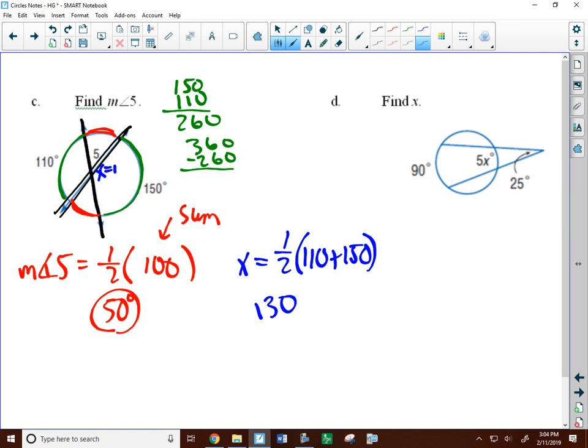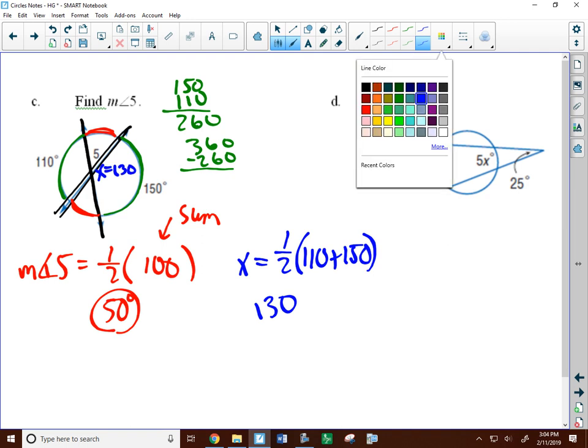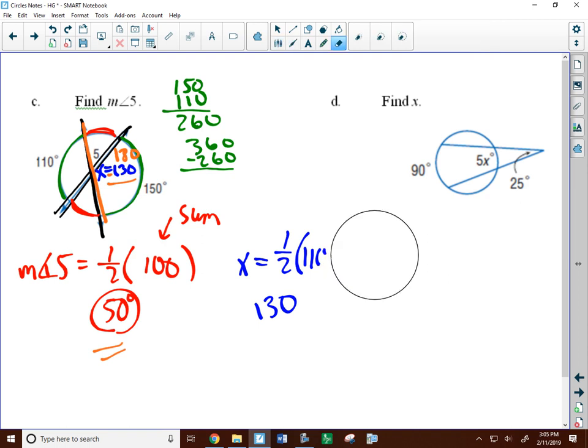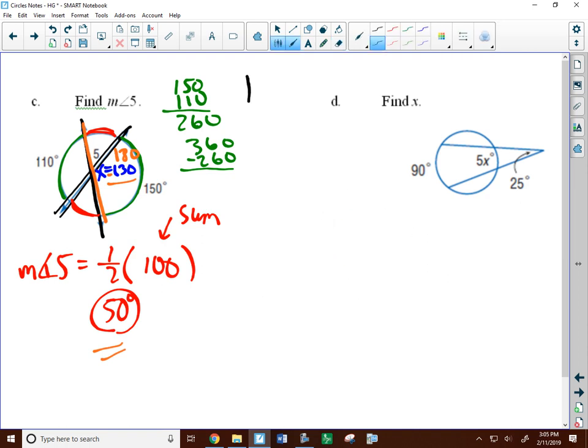So you can find x being 130, and then you can note that angle 5 and your x are a straight line, a linear pair, and so they're supplementary. So you can just do 180 minus 130 to get angle 5 is 50. Just an alternate method on that one.